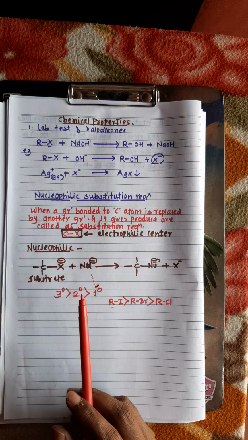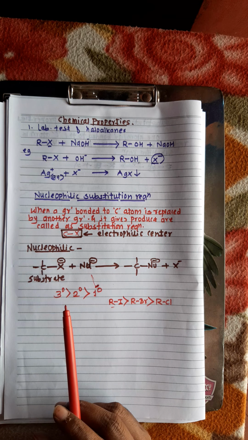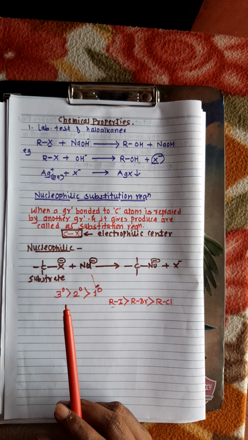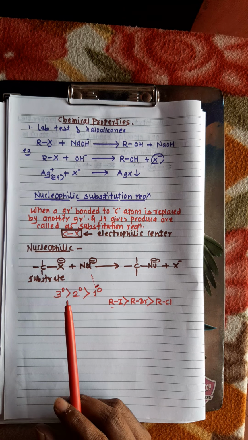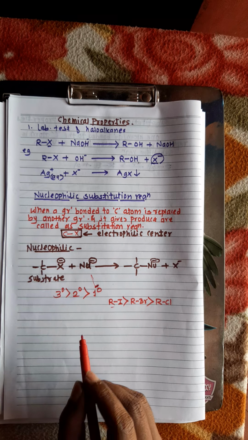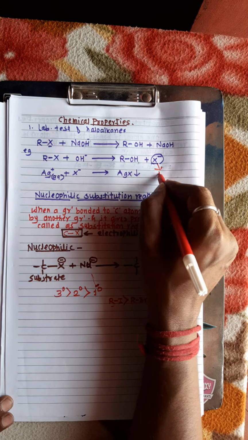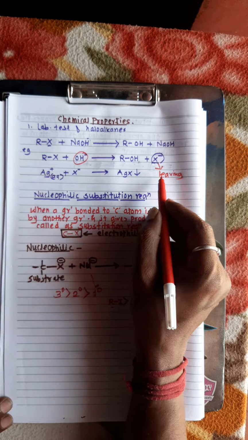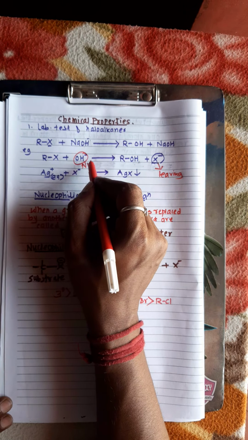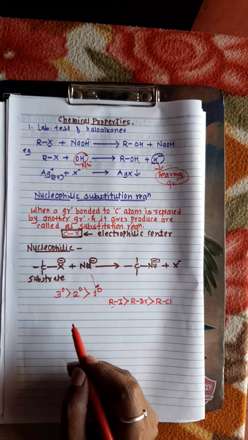In a substitution reaction, one atom or group is totally removed or replaced by another group. The group that is substituted is called the leaving group. This is the nucleophile, and X is the leaving group in this reaction.